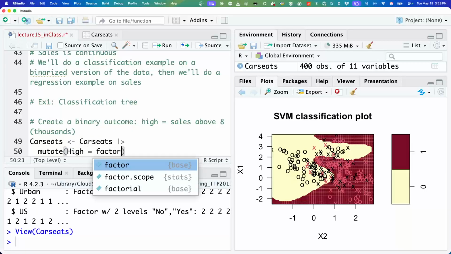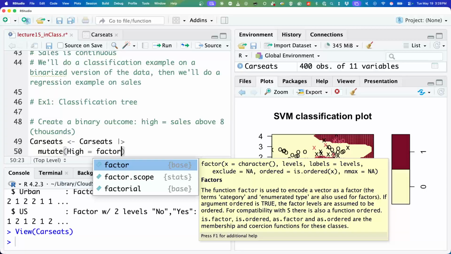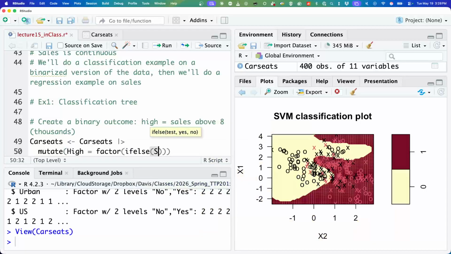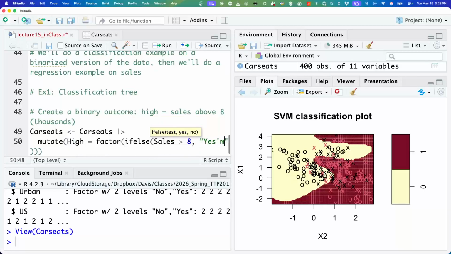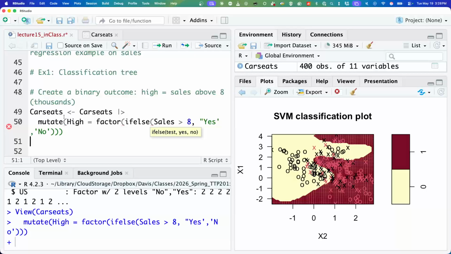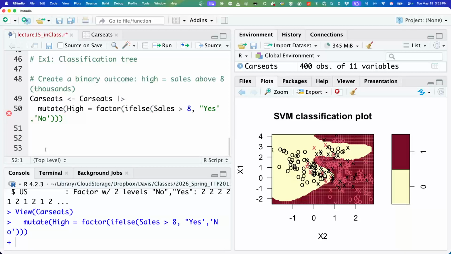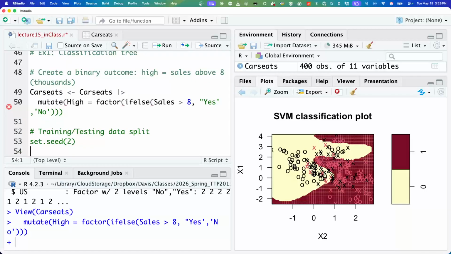So I'm going to perform an operation where I'm creating a variable called High, where Sales is greater than 8. Okay, and then I'm going to create a training/testing data split. We'll set the seed at 2 so everyone gets the same values.